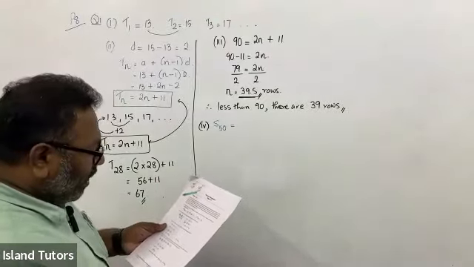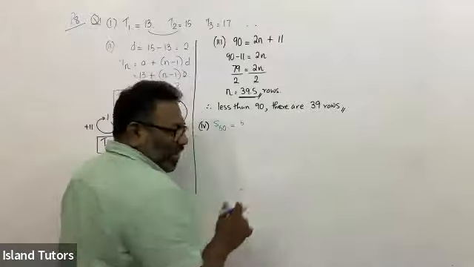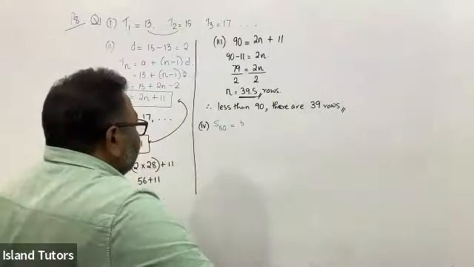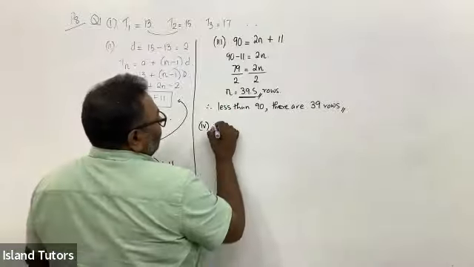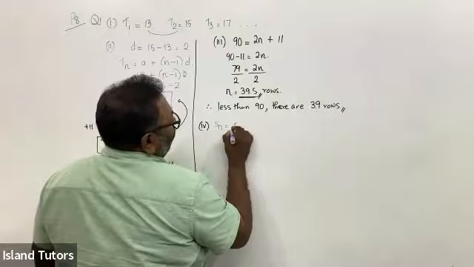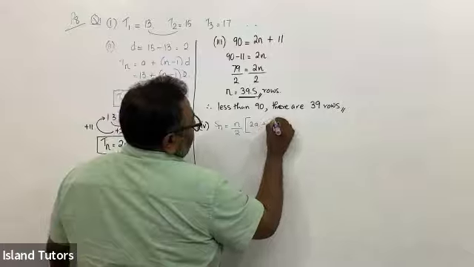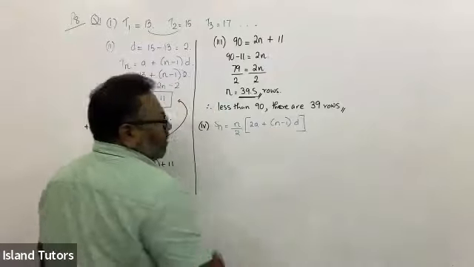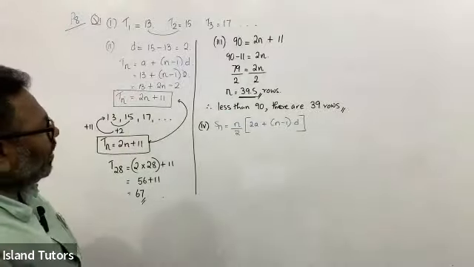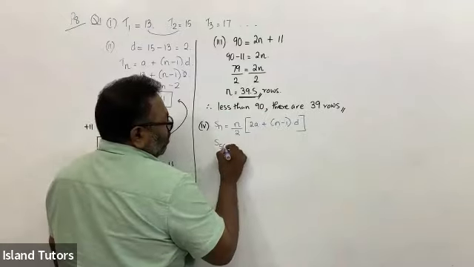Total number of flowering shrubs in the flower bed. So 50. How do you find out? We write the formula first. Sn is equal to n over 2 into 2a plus n minus 1 times d. Okay. So we want to find the sum of 50 rows.